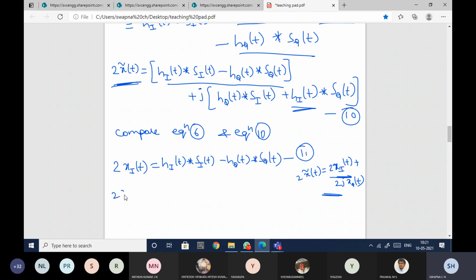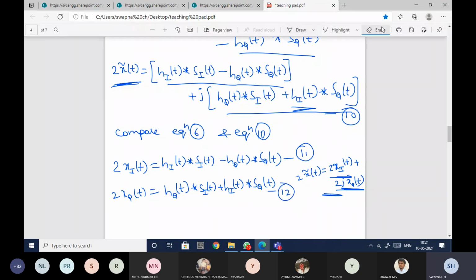Then again 2xq of t. Here the imaginary part 2xq of t is equal to hq of t convolution with si of t plus hi of t convolution with sq of t. This I'll name as equation 12.